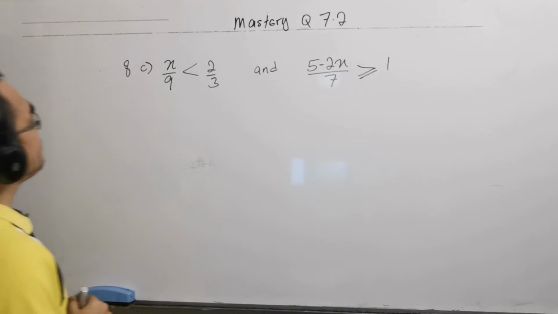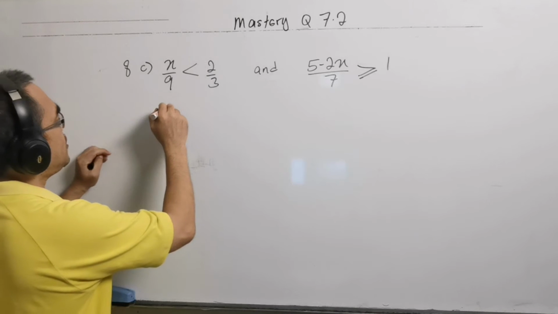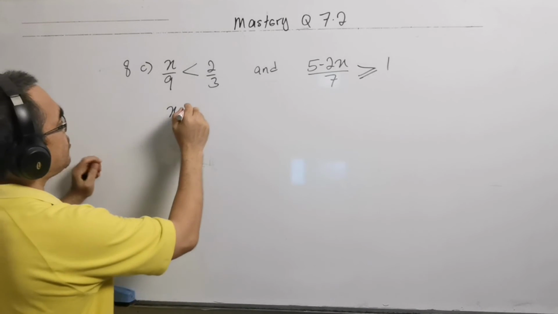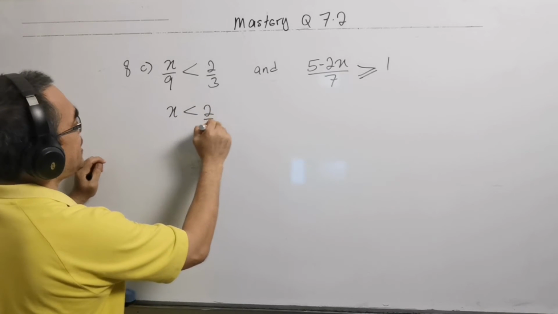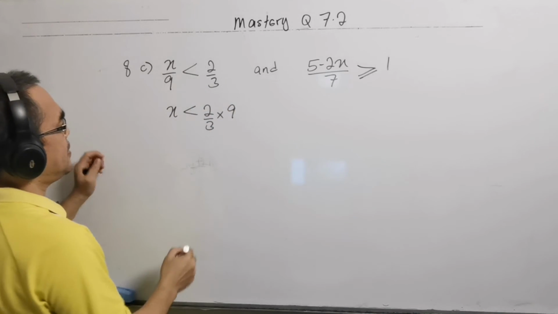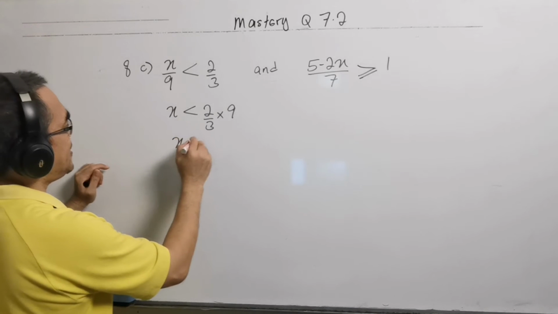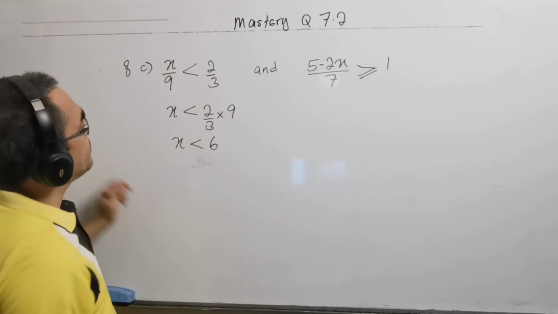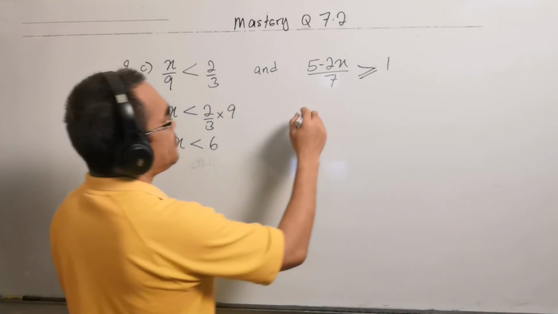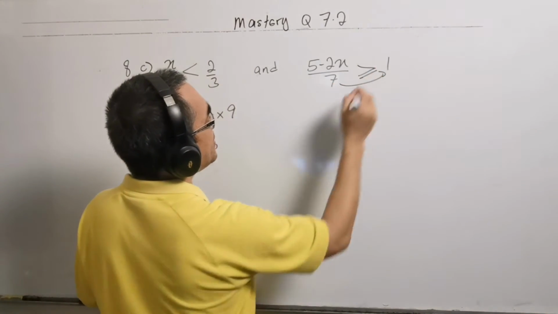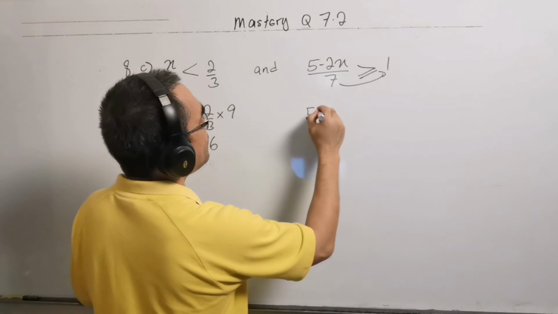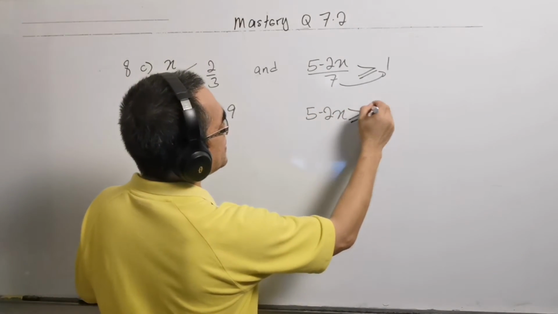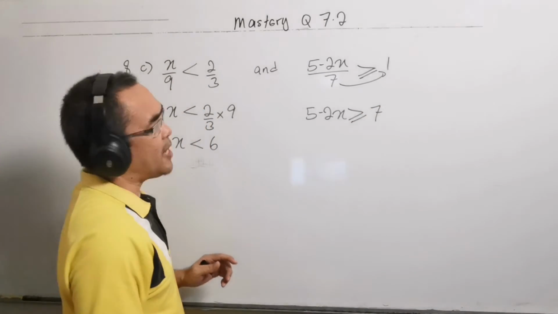Okay, question C. We could solve this by sending the 9 to the other side. So 2/3 times 9. So we say x is less than 6. And then here, could multiply 7 to the other side. So 5 minus 2x will be larger than 7, because 1 times 7.